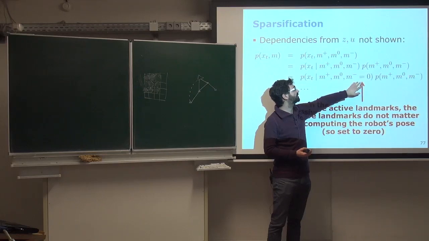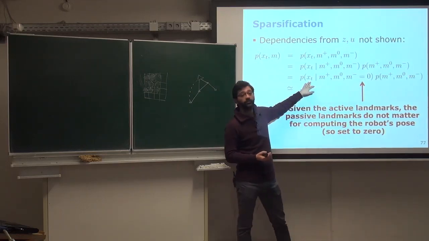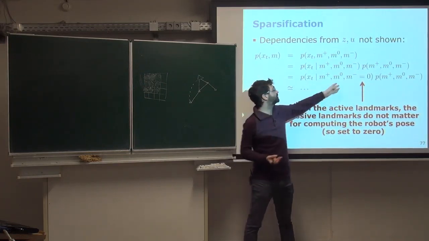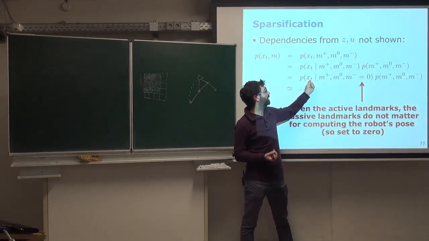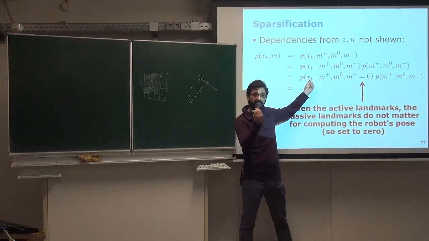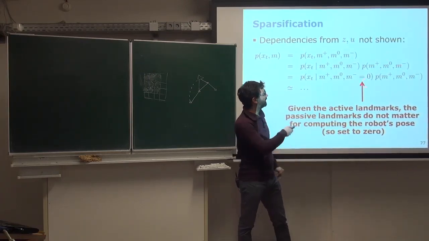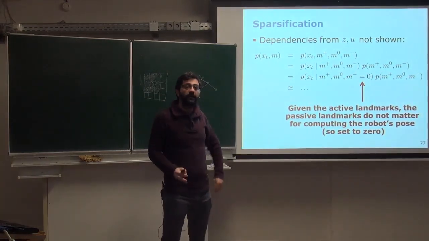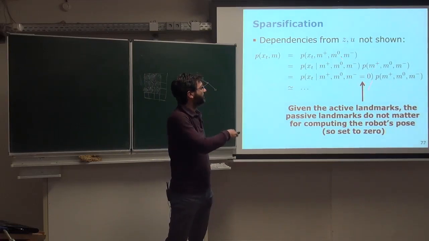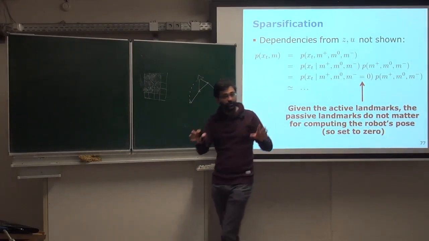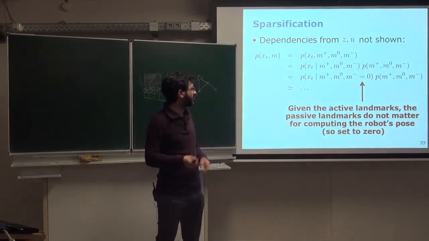And the point is, since they are independent from the robot pose, so there is no connection of the passive landmarks to the robot pose, they also do not influence the estimate of the pose. Therefore, we can just put any value there and everything will not change. In principle, we can also cut it out because there is some independence there, but we just keep it here to show that they are there somewhere. Okay?